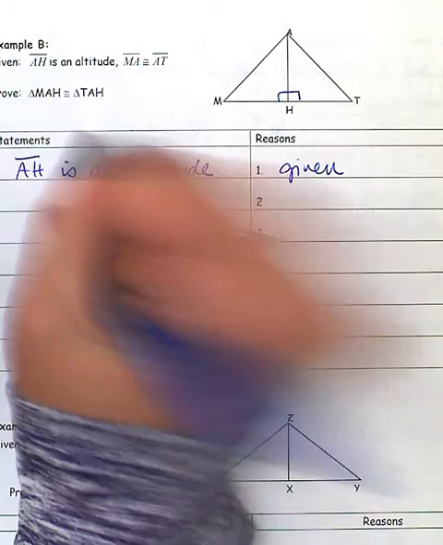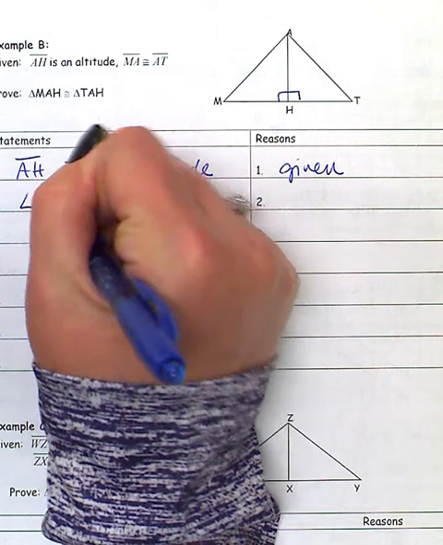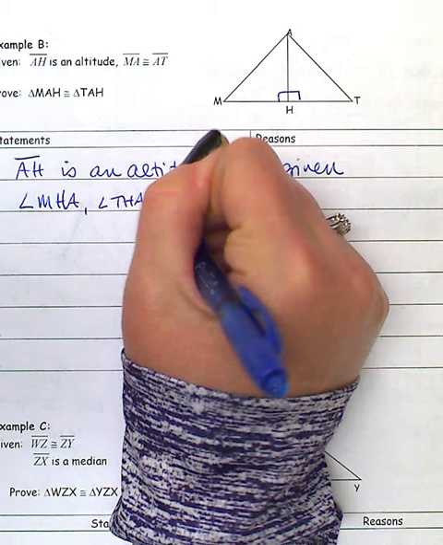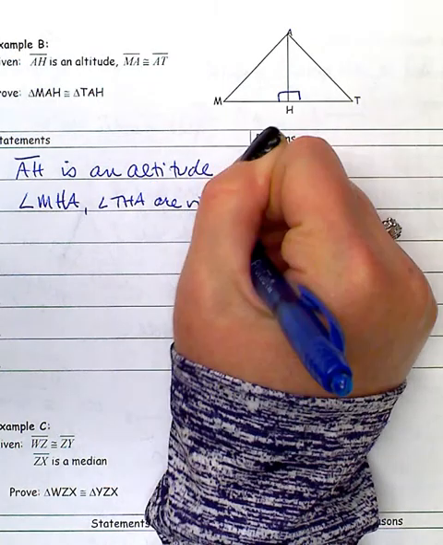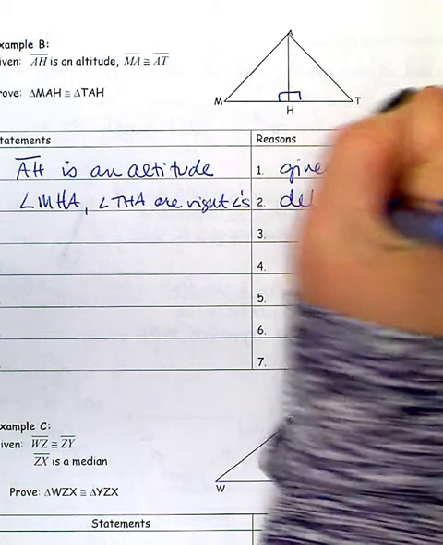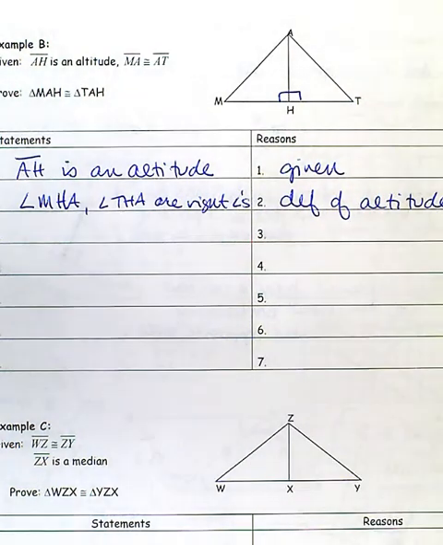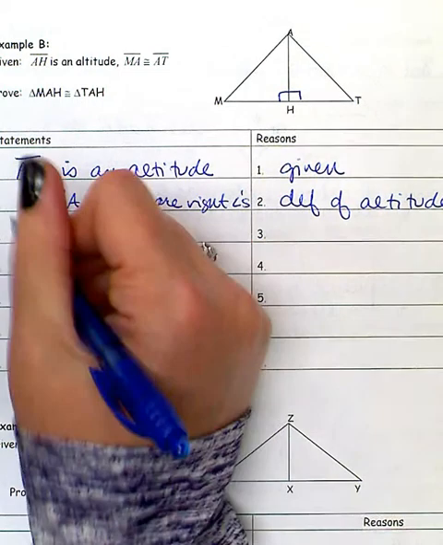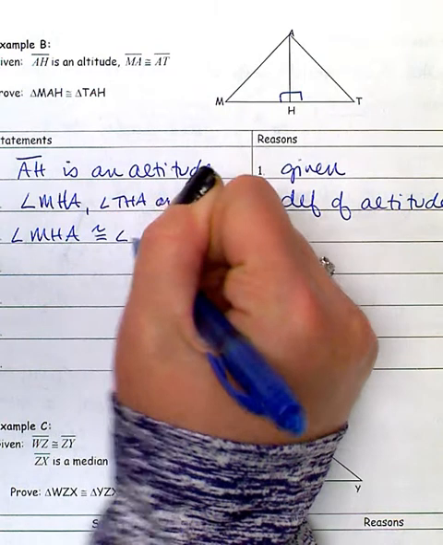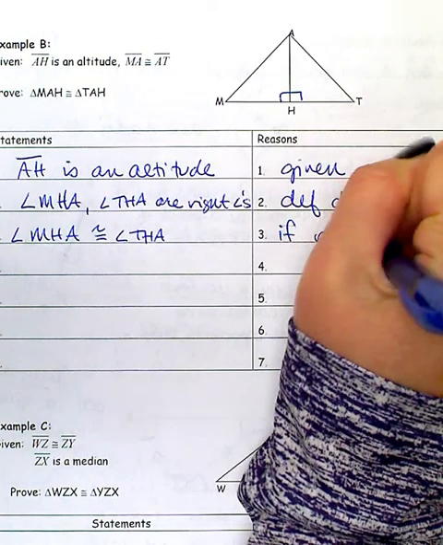Oh, okay, angle MHA and angle THA are right angles. Because definition of altitude, that's our new. Then you do want to say that all right angles are congruent. If right, then congruent.